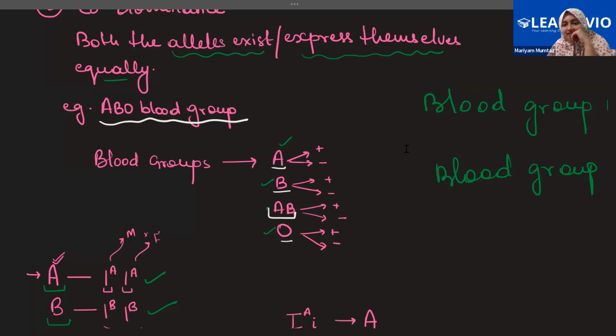Then I am the only one who's A. Here I am the only one who's A positive. And who is O negative here? Is there anyone who's O negative? Yaya, you are O positive or negative? I'm O negative. Okay, Tamim, you are O positive. Yaya, if you ever go to donate your blood, people will give you so many bribes. Like they'll be like, I will give you anything to eat. You name it and you'll have it. Please donate some blood because O negative is such a rare blood group.